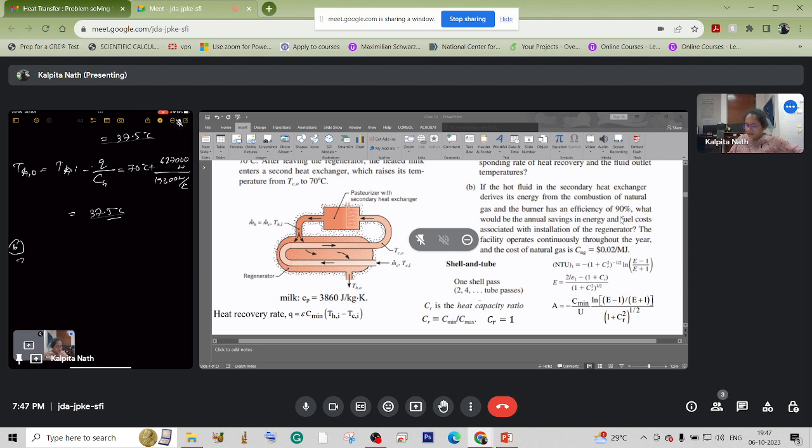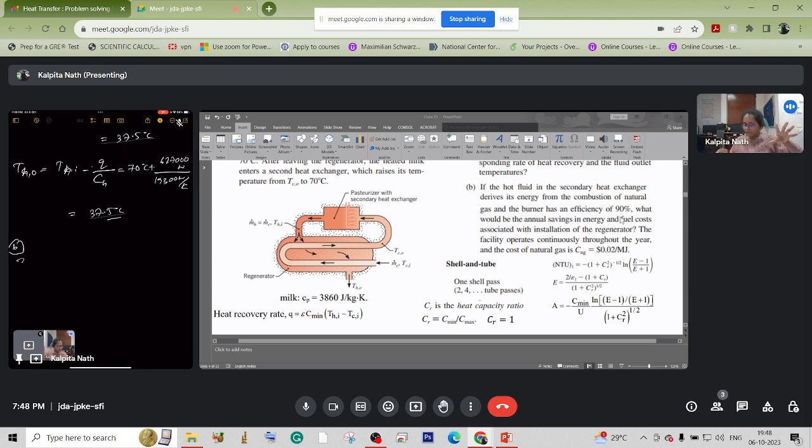We can convert it to per year. There are 365 days in a year, in one day there are 24 hours, and there are 3600 seconds in 1 hour. By that we can convert joule per second to joule per year.